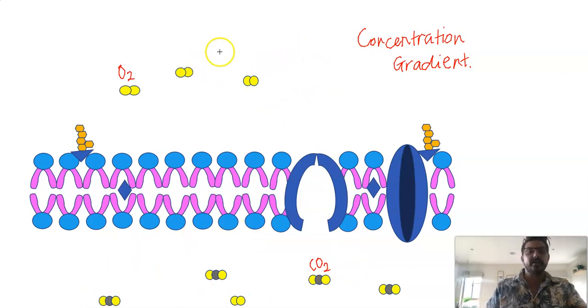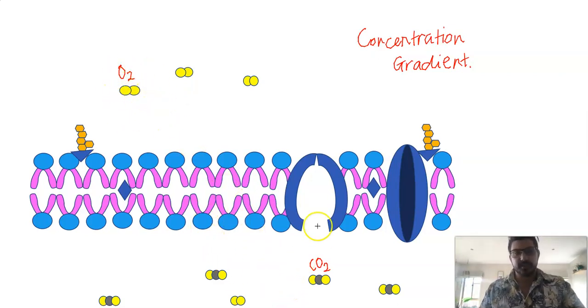Because of this higher concentration, oxygen is going to move with the concentration gradient. What that means is oxygen is going to want to move from where it is higher in concentration to where it is lower in concentration. To do this, it doesn't need any energy. There's no energy input.